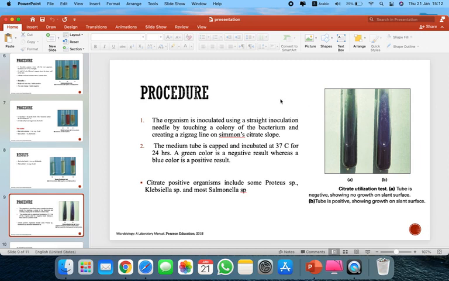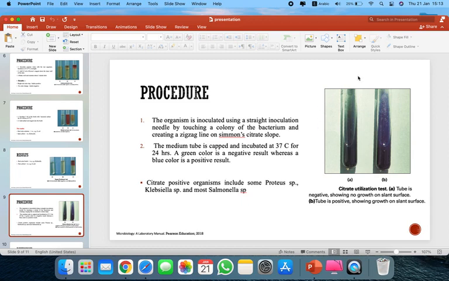So the procedure here is simple. I have an organism, and I have a slant. In this slant I use a zigzag, and this media is called Simmons citrate slope, Simmons citrate media.